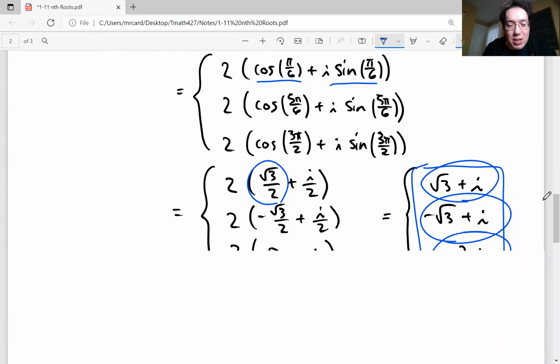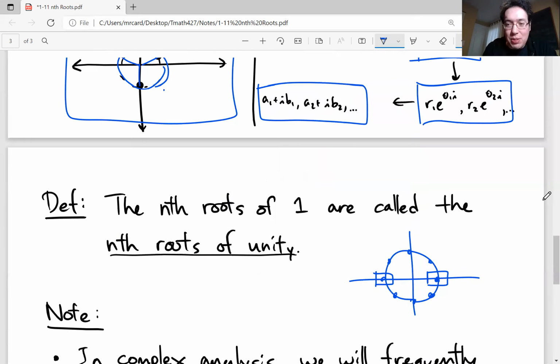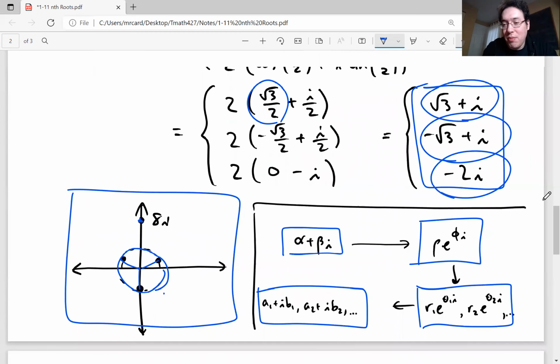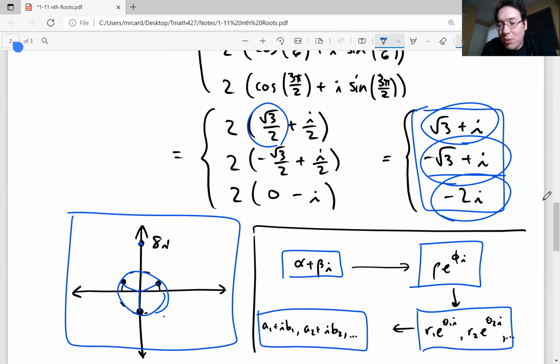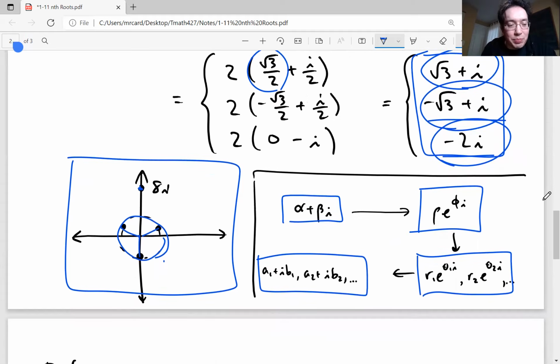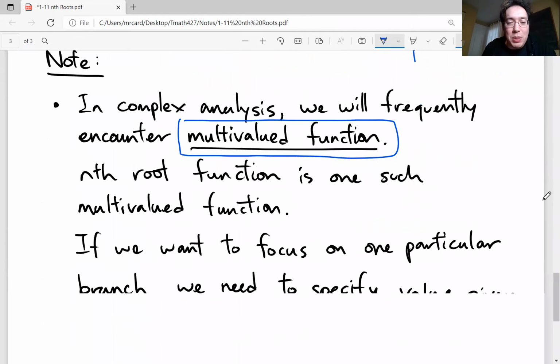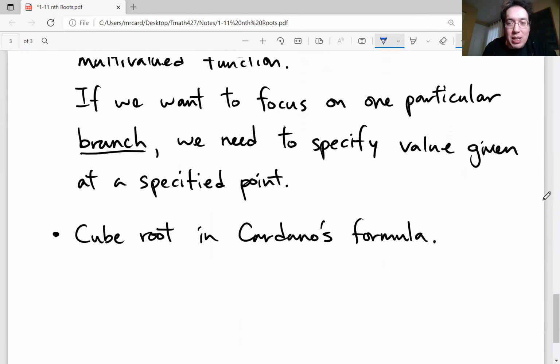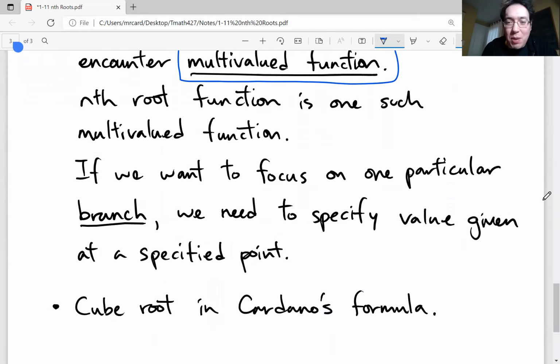But if you want to look at the other roots instead, like negative root 3 plus i is an equally valid answer, or negative 2i, maybe that one's simpler looking, so maybe you care about that one. Then you have to specify, hey, it's the root that gives you negative 2i, right? So you have to be a little bit more specific if you don't want to talk about multiple values at once.